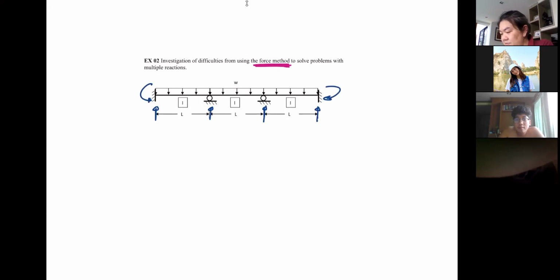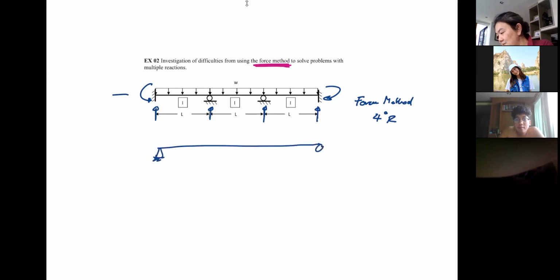So if we consider the force method, we can neglect the horizontal force, right? So we have 6 unknowns and we have 3 equilibrium equations. So that means, not 3, because we already discount for the sigma Fx equal to 0. So that means this is 4 degrees of redundancy. So if you are going to solve this with the force method, you probably have to create the primary structure out of this.